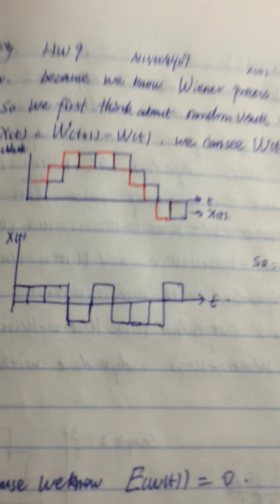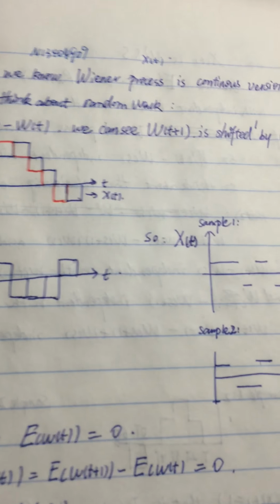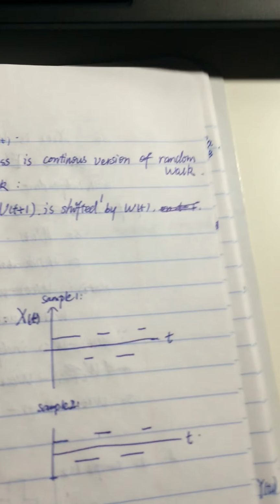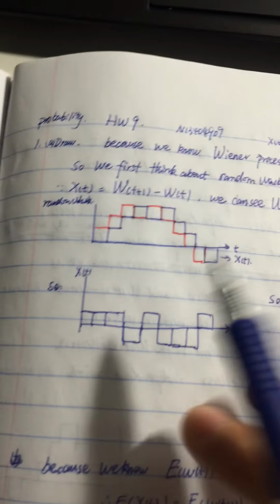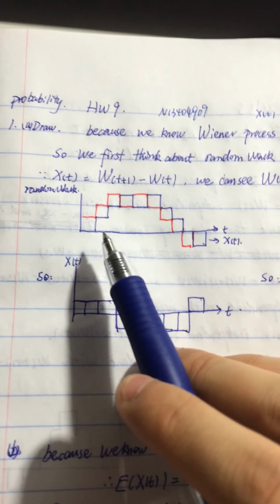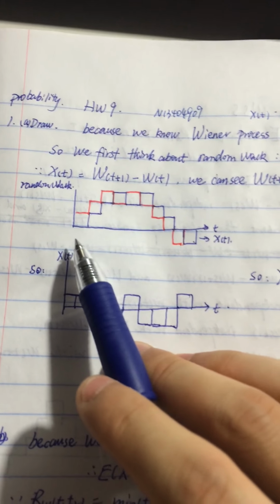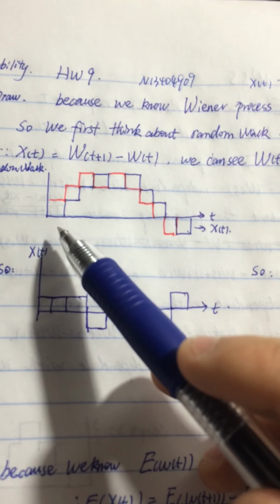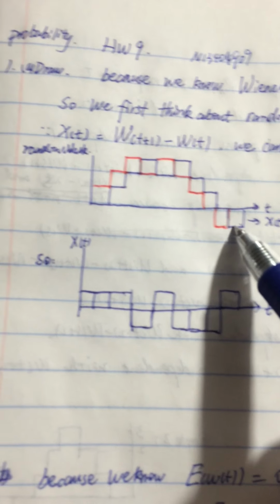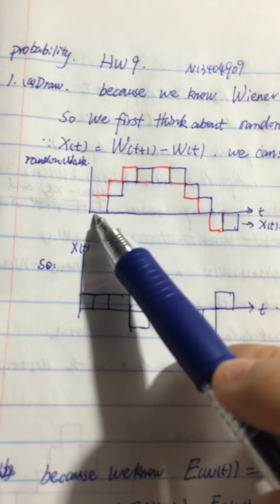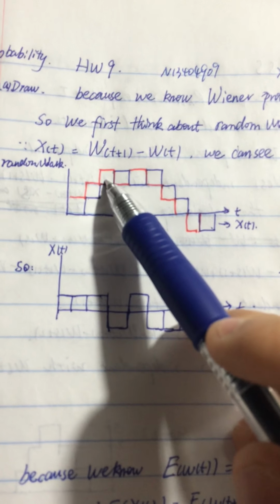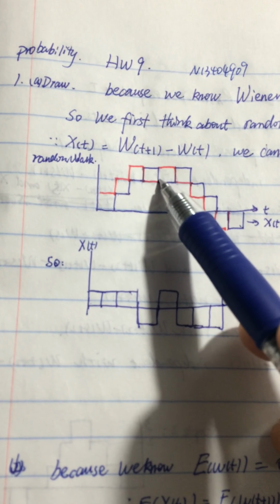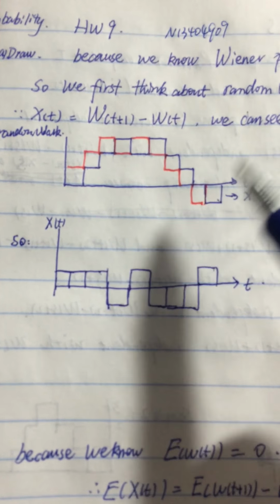The sample means we will find what the behavior, what the performance is at different times. Here you can see the blue line is W_t.